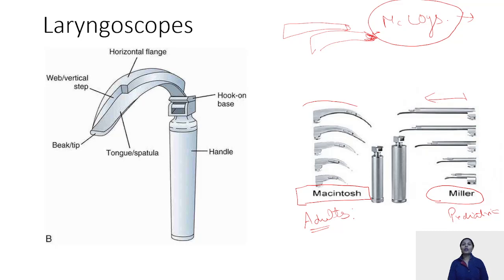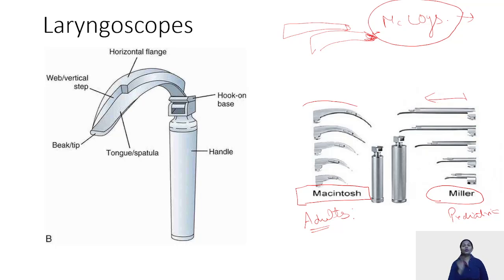Okay, so we have three kinds of laryngoscopes: Macintosh, curved blade; Miller, straight blade; McCoy with a lever and a flexi tip. Other than that, these days you have video laryngoscopes also, which have optical fibers in them, and you are able to actually visualize the whole of the airway on the screen or the monitor. Those are your video laryngoscopes.